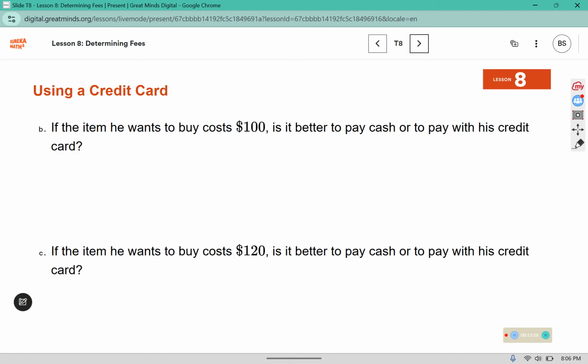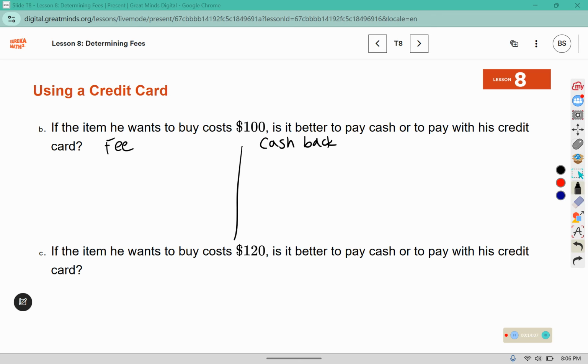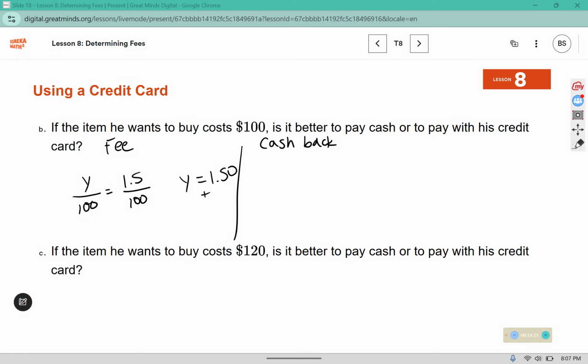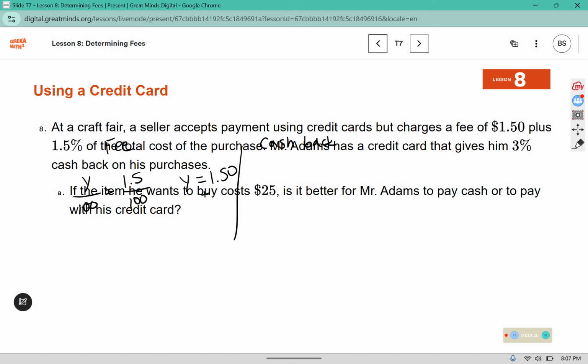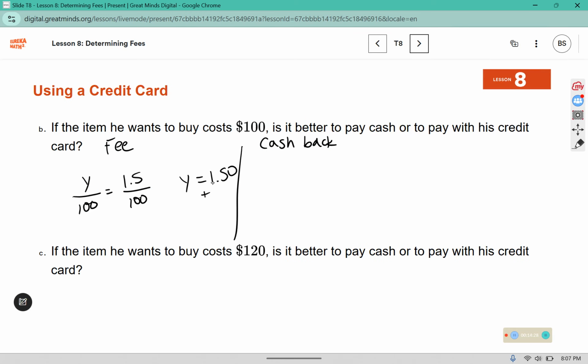If the item he wants to buy is $100, is it better to pay cash or to pay with his credit card? So if we had a $100 item and he pays a fee that's 1.5%, that would be $1.50 plus the $1.50 already exists for the fee, which would give him a $3 fee.